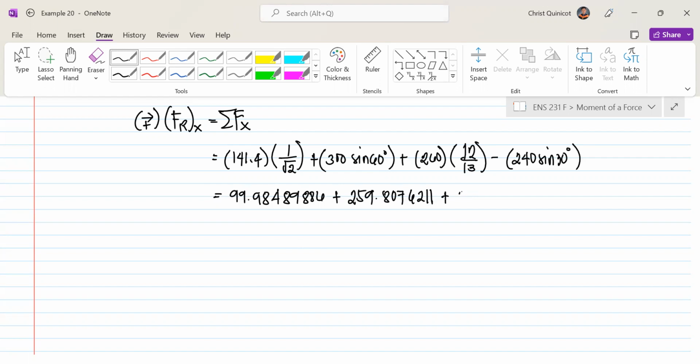That's 240 minus 240 sine 30, and that is 120.